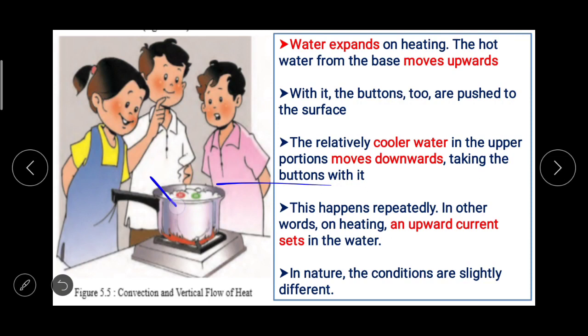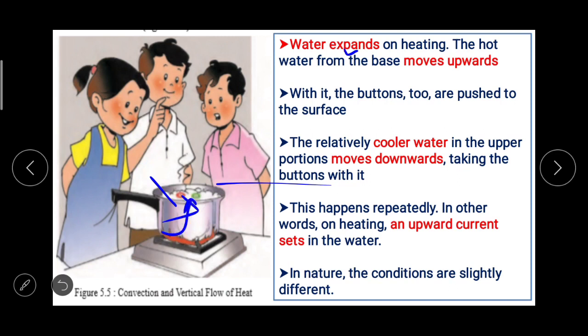Here you can see the pot is placed on a burner, and drop 4 to 5 small plastic buttons in it and observe their movements in water. Now, if we observe this, then we can understand one thing, that the water expands on heating, and the hot water from the base moves upward.